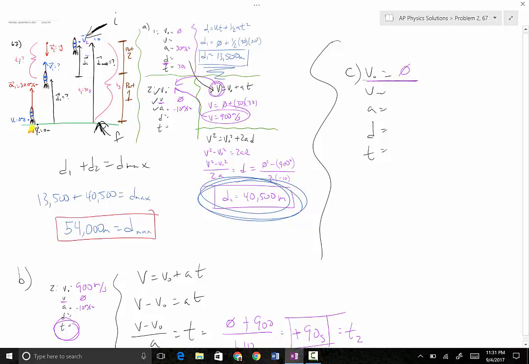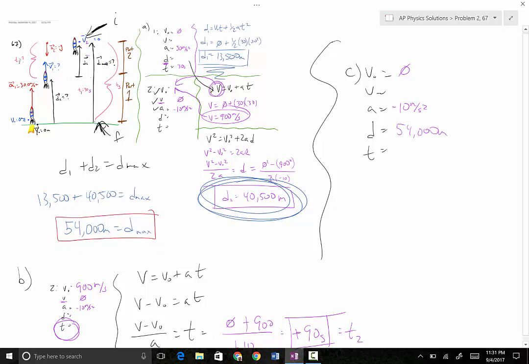So that means my initial velocity is 0 for the way I've defined this part. Alright, final velocity, I don't know. My acceleration I know is negative 10 meters per second squared. My displacement I do know, because that would be the maximum displacement, which I found in part A, which is 54,000 meters.